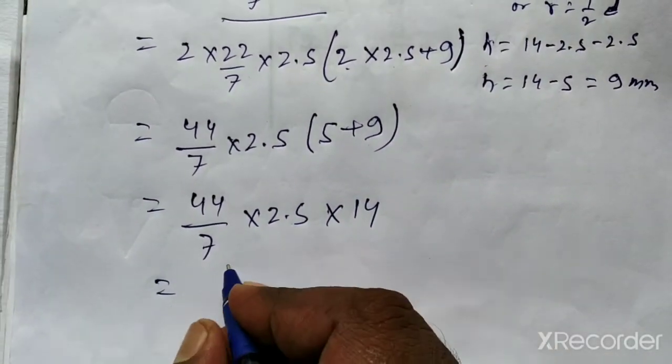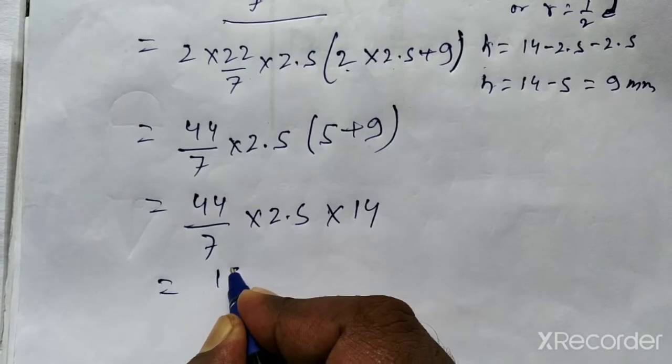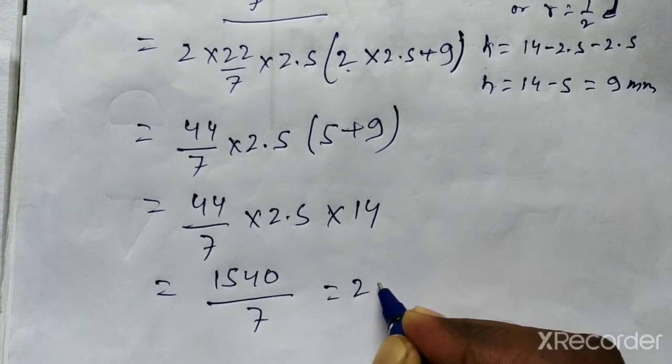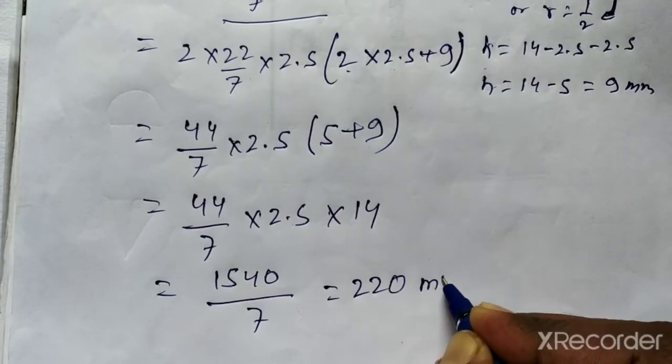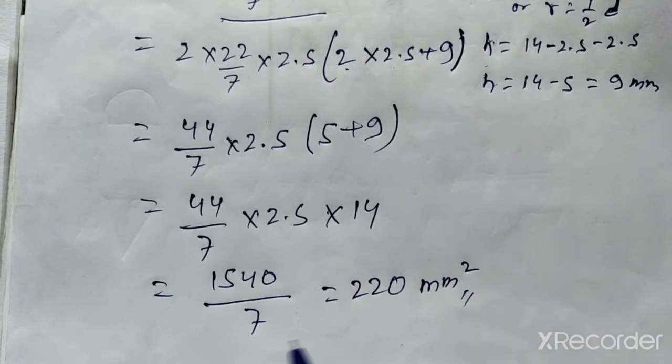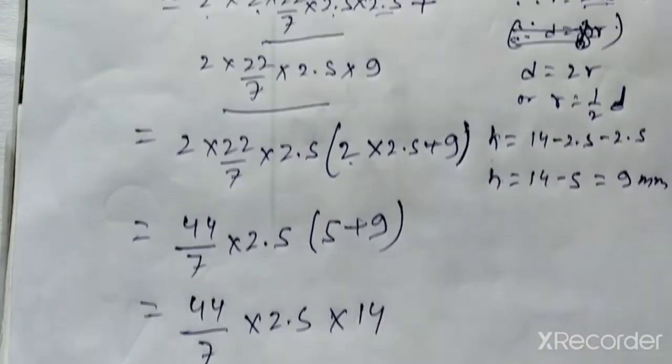On solving this, we will find that 1540 divided by 7 is equal to 220 mm square. So this is the total surface area of this capsule.